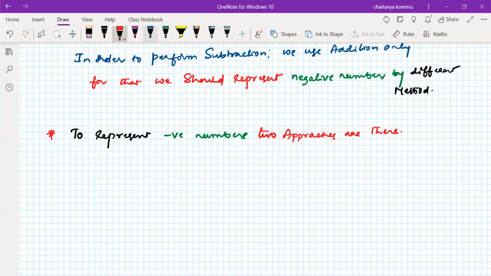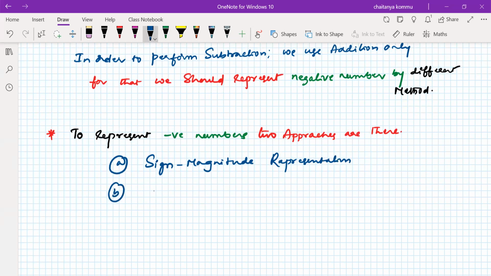Number one, what is number one? It is called sign magnitude representation. The next one is called complementation.